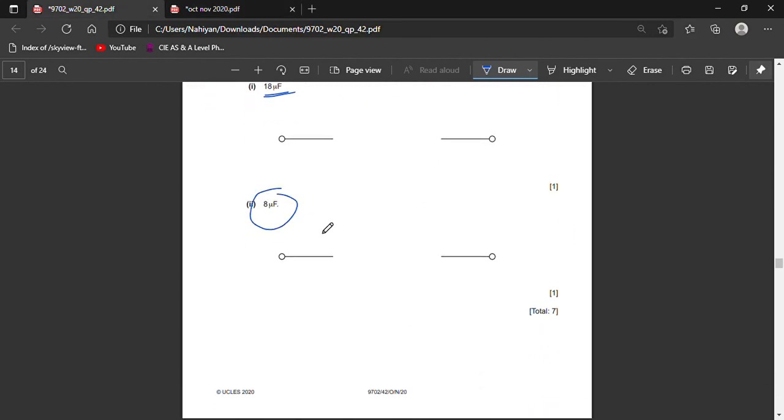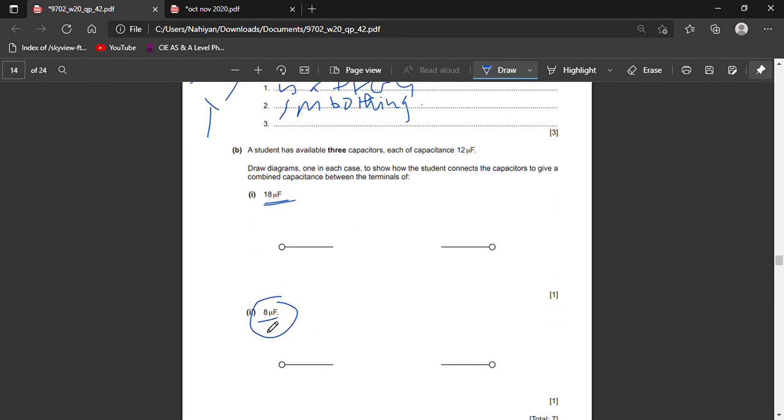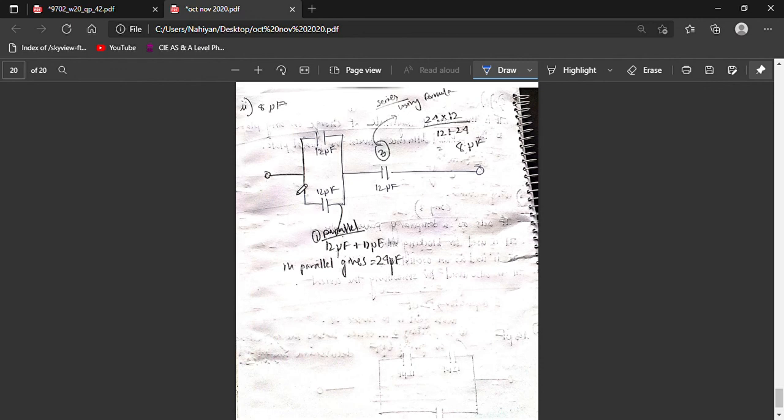In the next one you should arrange them so that you get 8 microfarad. So what you can do is, we have to decrease it. First you put two in parallel. 12 microfarad and 12 microfarad in parallel gives you 24, and the other one you put in series.